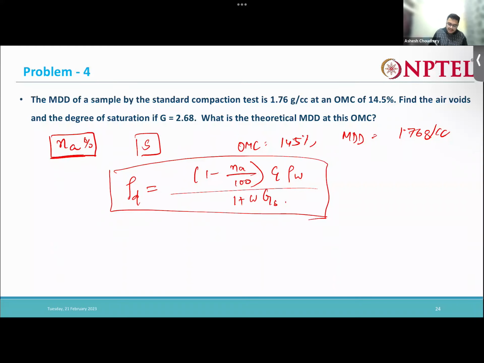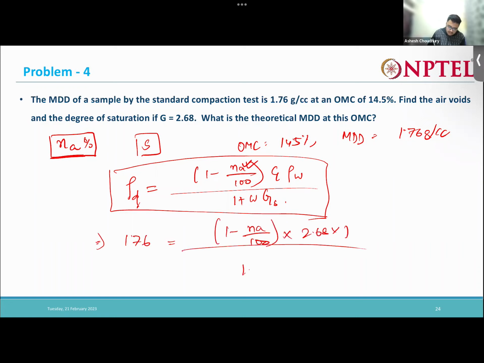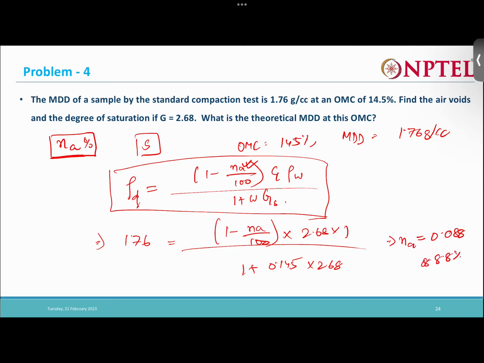This is the relation between dry density and your percentage air voids. So 1.76 equals 1 minus Na by 100, into 2.68 into 1 by 1 plus 0.145 into 2.68. 0.145 because w is 14.5%, right? If you solve this, you will get Na equal to 0.088 or 8.8%.